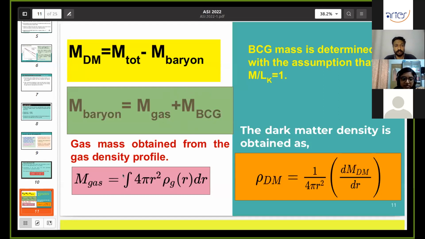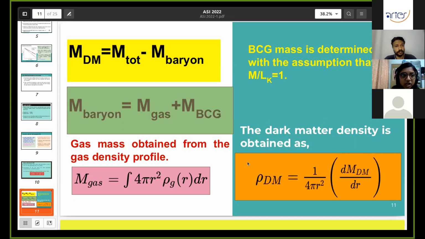The gas mass is obtained by integrating the gas density, and the BCG mass is determined with the assumption that M by Lk is equal to 1. Once we have the dark matter mass, we can derive the dark matter density by taking the derivative of the dark matter mass with respect to r, times 1 over 4 pi r squared. So now we have the dark matter density for the halos of the 17 relaxed groups.